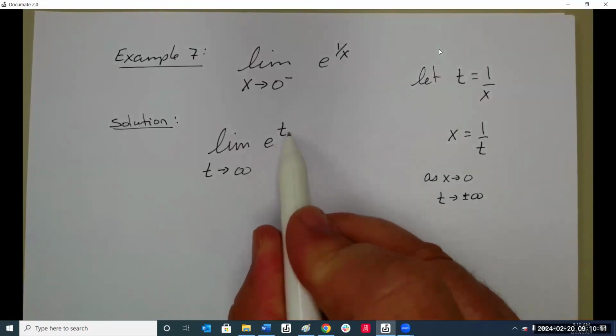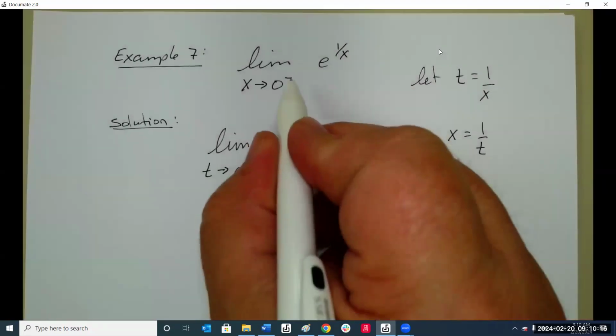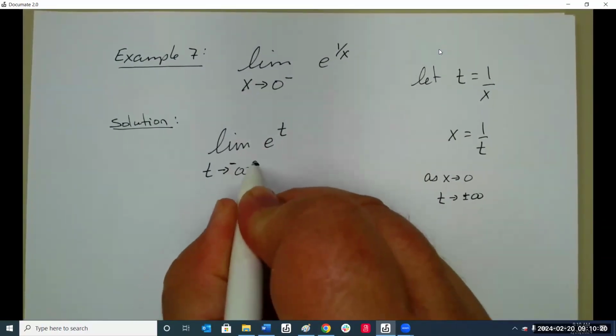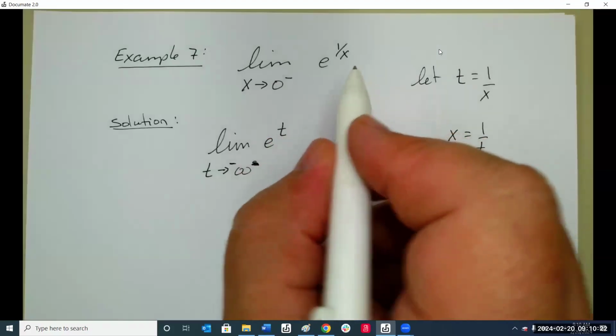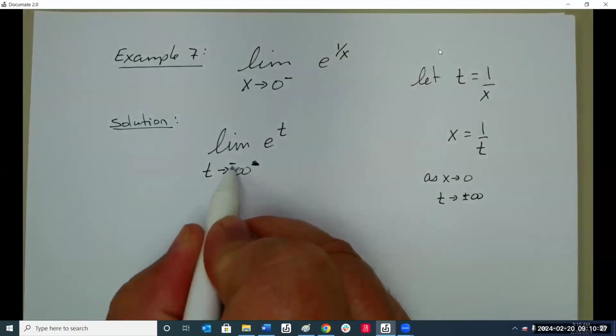So e to the power at infinity, actually, we're going to the left side. We're going to 0 from the left. That means we're going to negative infinity.